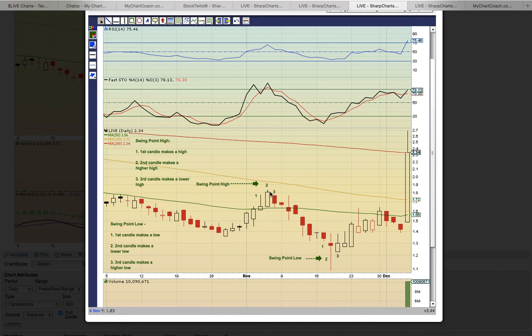Then the second candle is the swing point high. It's higher than the previous candle, telling you that the same pattern is happening. But then the third candle that comes in makes a lower high, and it's this third candle that is the red flag. As you can see, there's this nice uptrend, followed by this lower high, and that's signaling downside risk.